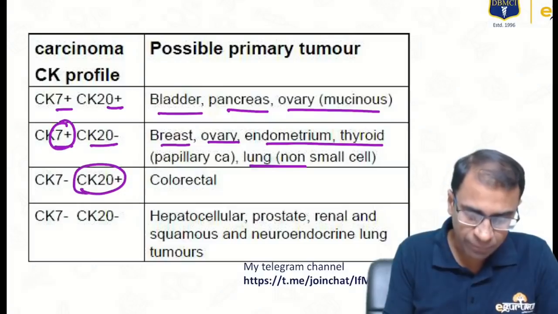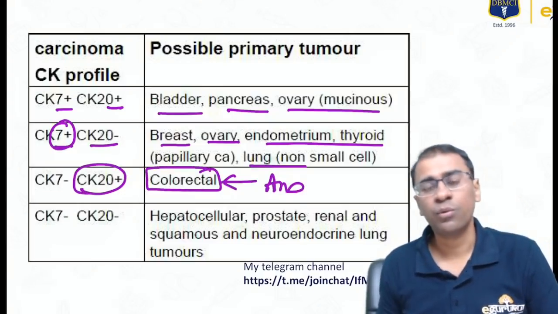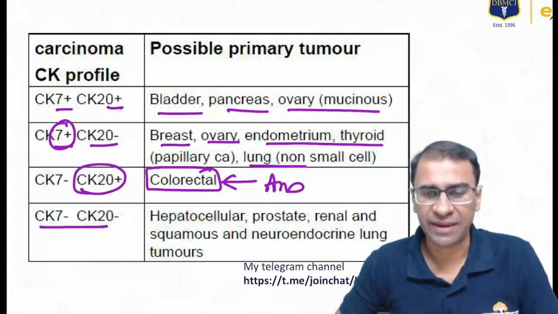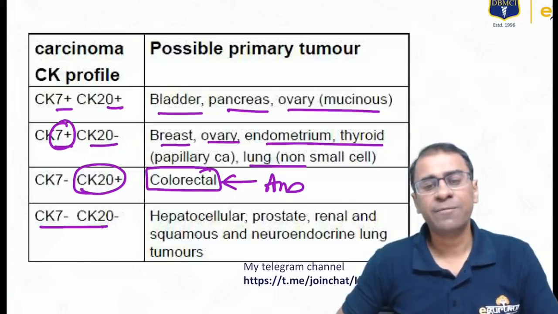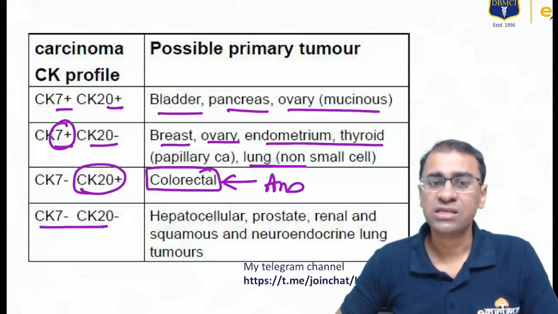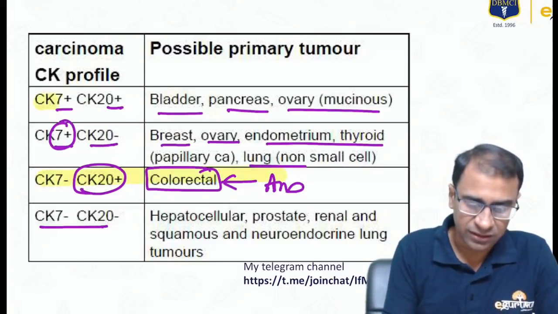If it is 20 positive, colorectal carcinoma, this is how they picked the question. And both of them negative is seen in many tumors, like HCC, prostate, kidney and squamous and neuroendocrine tumors. CK stands for cytokeratin. Try to remember this table, especially this one and this one.